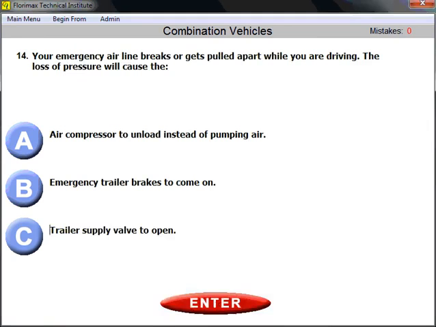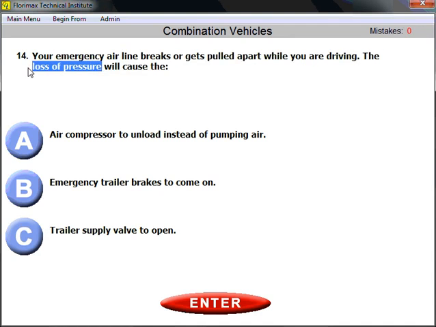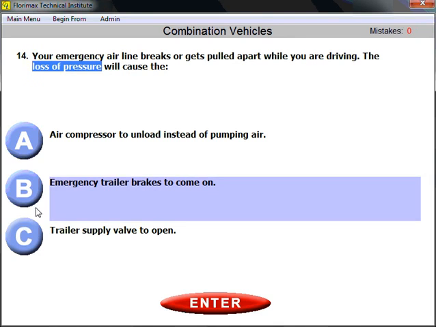Question number 14. Your emergency airline breaks or gets pulled apart while you are driving. In this case, the loss of pressure will cause the emergency trailer brakes to come on.